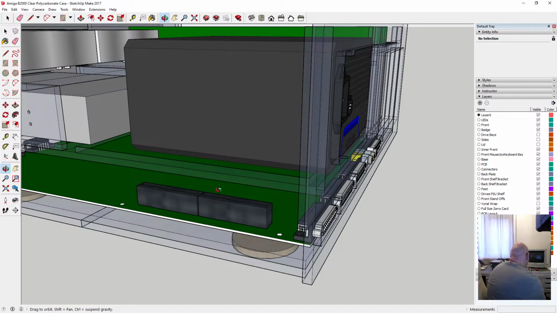When I say graphics card, I don't mean graphics card, I mean something else. Right, so I put it here.